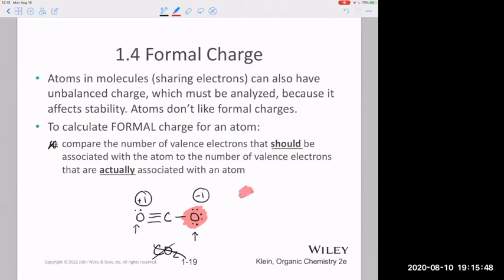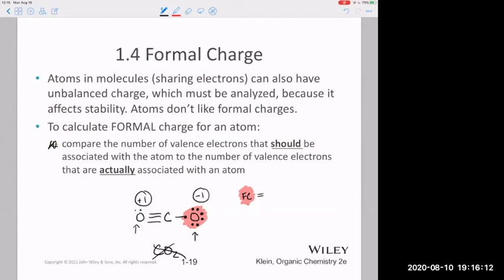All right, so let's do this red one. What you're going to do is take the number of electrons that are currently associated with this atom, and what I mean by that is it has 1, 2, 3, 4, 5, 6 electrons in lone pairs, but then also you're going to count this electron in the bond as well.